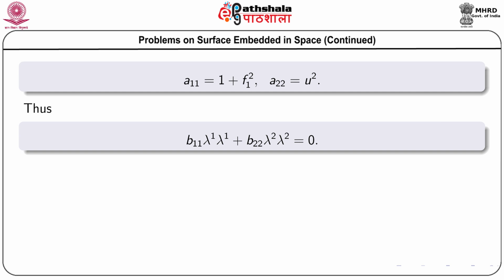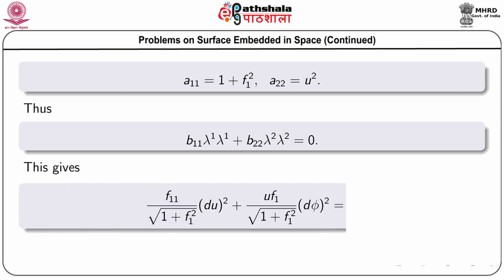So, if we find the values B11 lambda1 square plus B22 lambda2 square equals 0, we get this equation: f11 by root over 1 plus f1 square du square plus u f1 by root over 1 plus f1 square d phi square equal to 0.